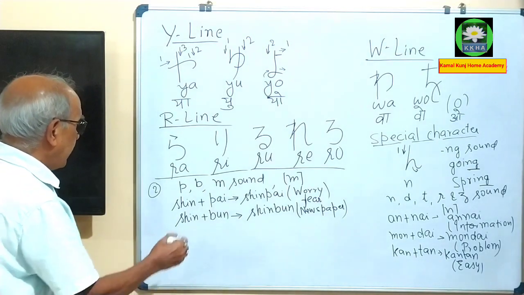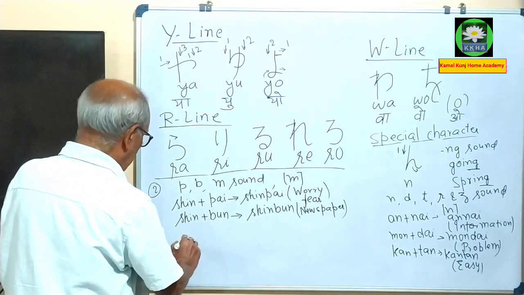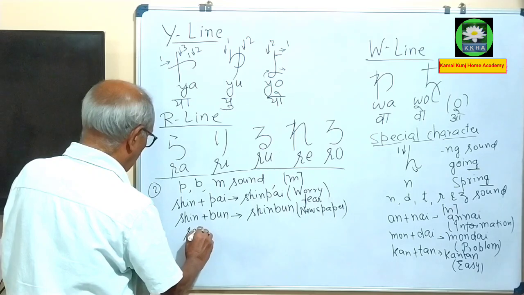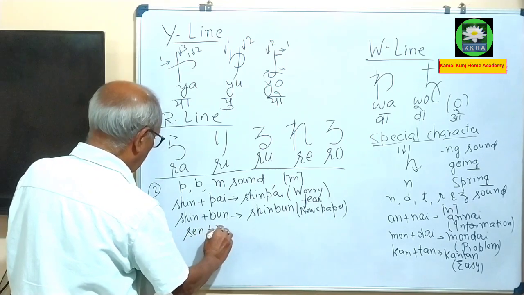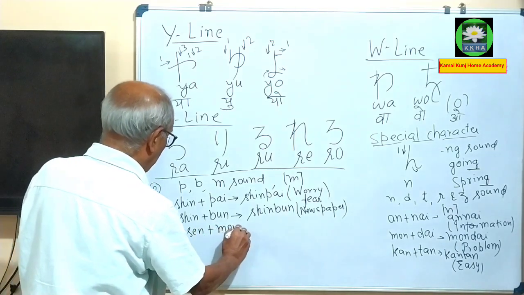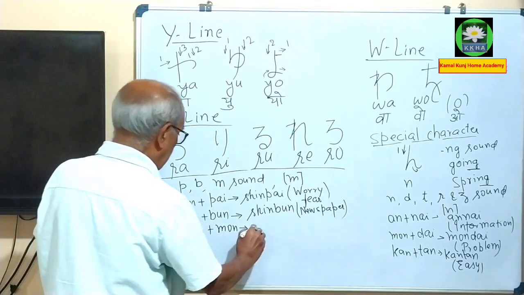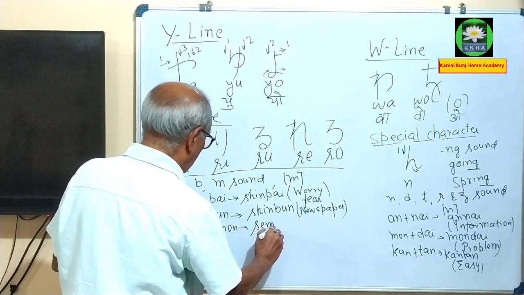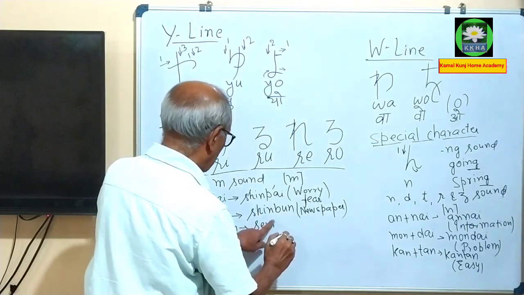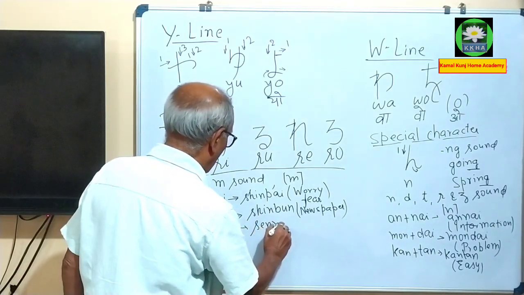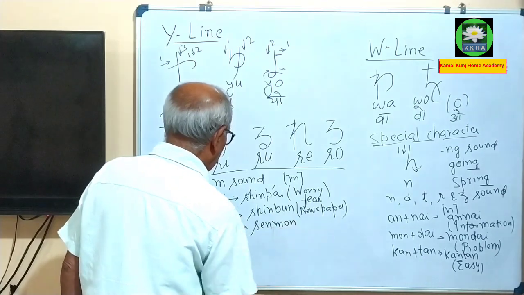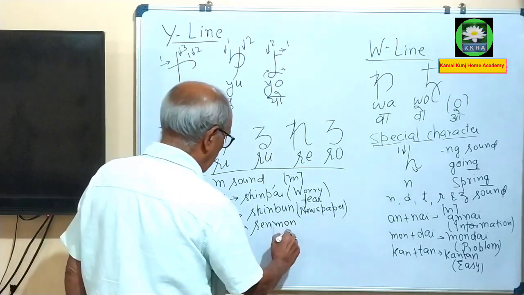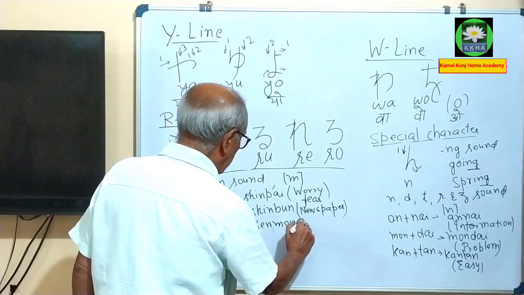And when it is followed by M sound, for example, sen plus mon, it is pronounced as semmon. Semmon means specialization.